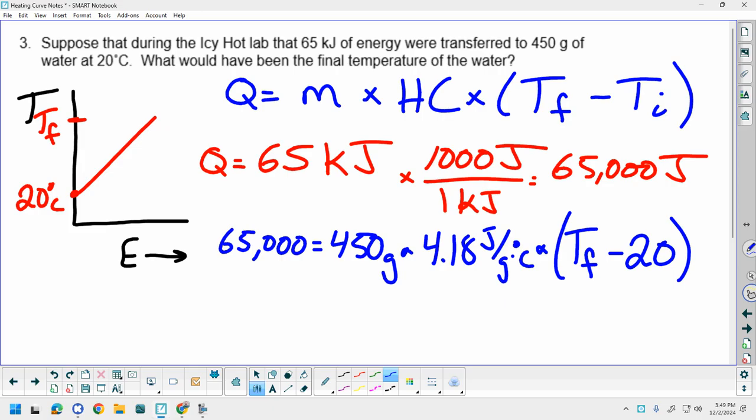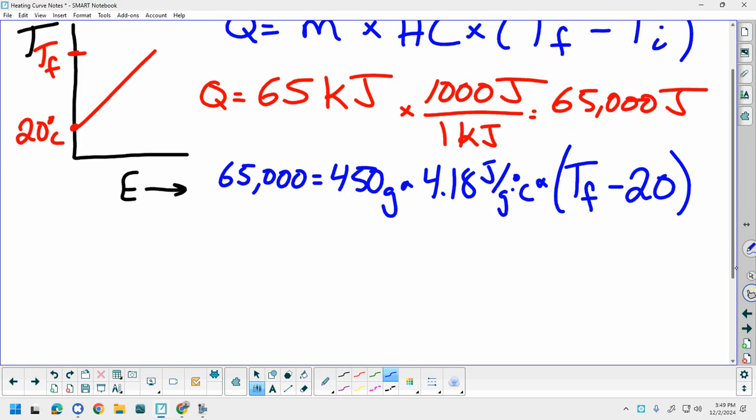Okay. So the first step here, I like to simplify things. So that's what I'm going to start off by doing. So I've got 65,000 on this side. And then if I take 450 times 4.18 and multiply that out.